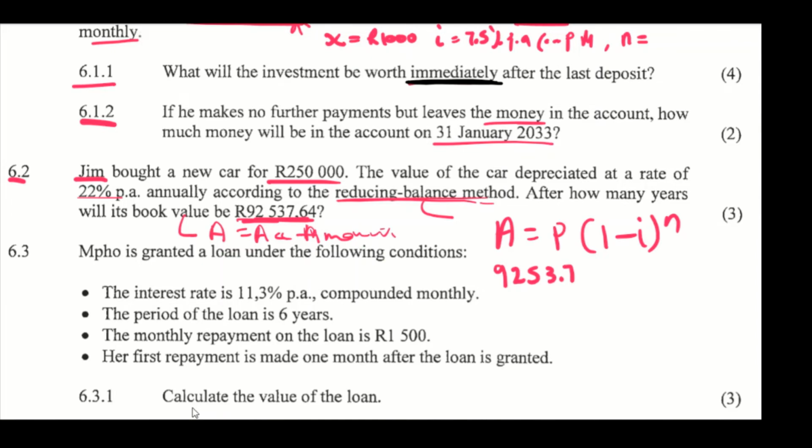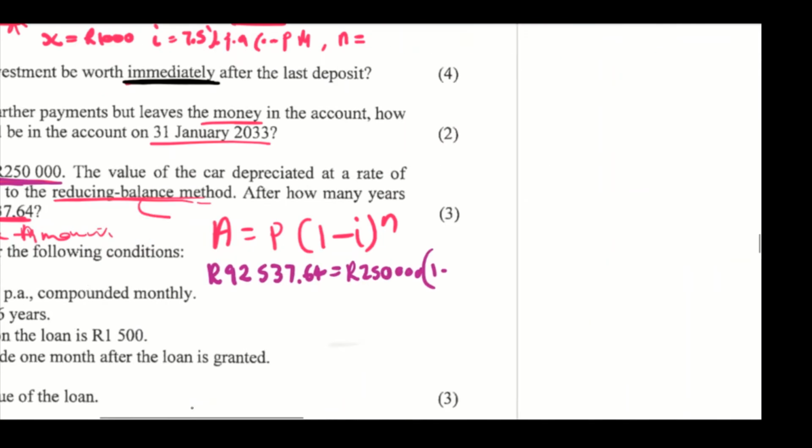So we're gonna put the book value here. Oh sorry, made a mistake. So it's going to be 92537.64.